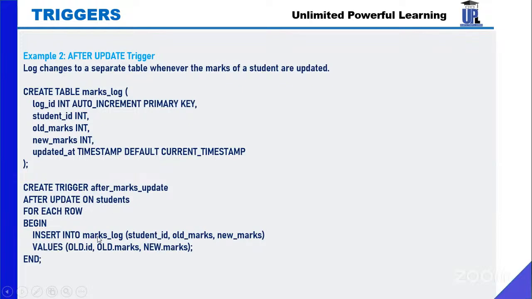So insert into marks log with details of student ID, what is the old marks he has scored, what is the new marks he scored. This is the values we are passing. And finally, it is going to end. This is how the trigger will be created during the update command. When you are writing the update query on a certain table and I want to maintain a data entry of that, then we can write this type of trigger.